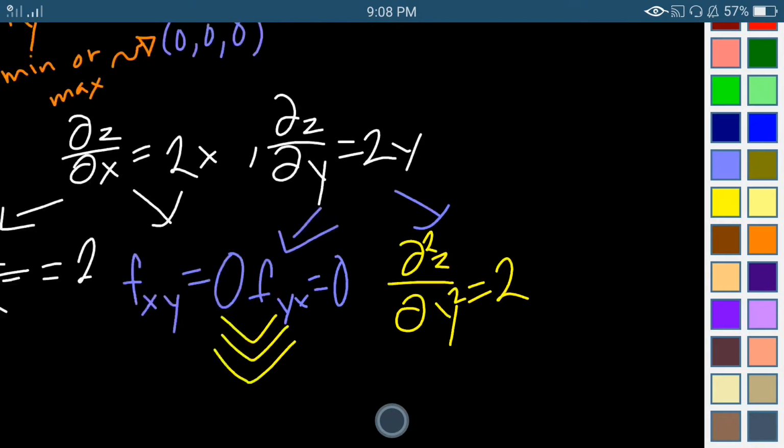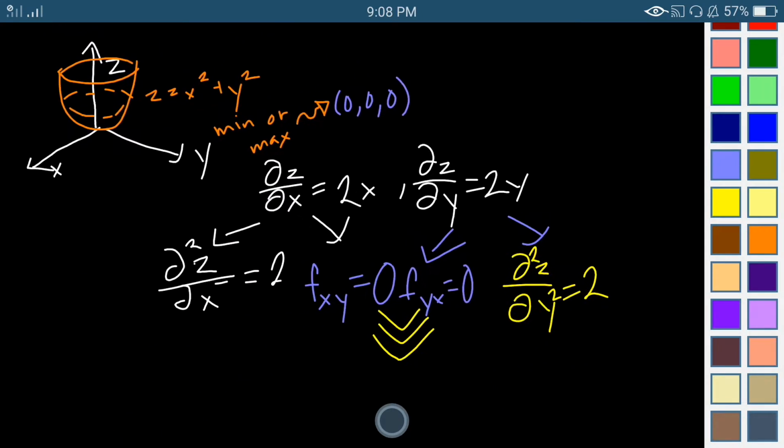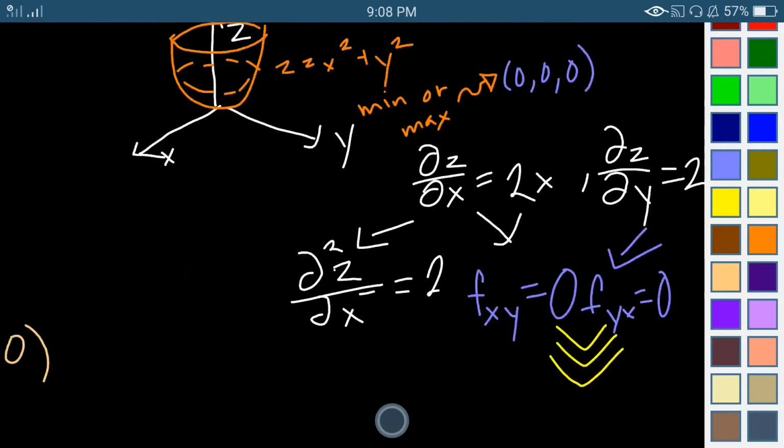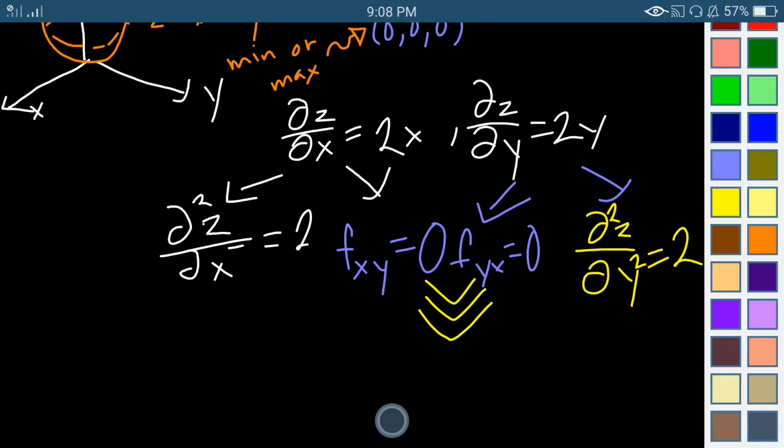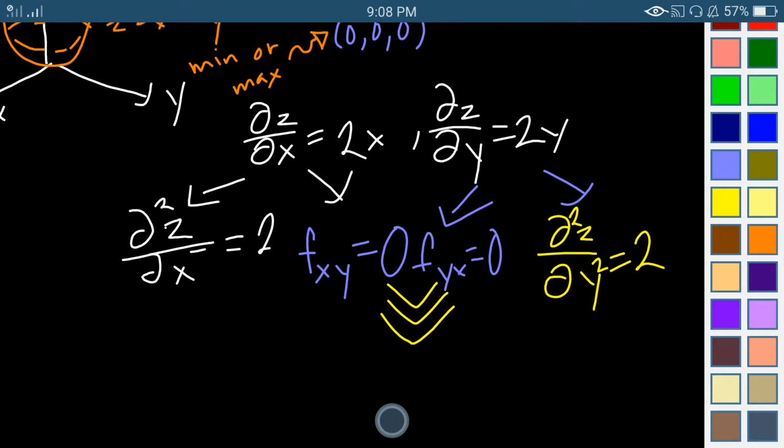Now, we see that it's positive. Both of them are positive. So you would assume that it's a minimum point. Well, yes. But what is the special case, or not really special case? This is the general case technically.